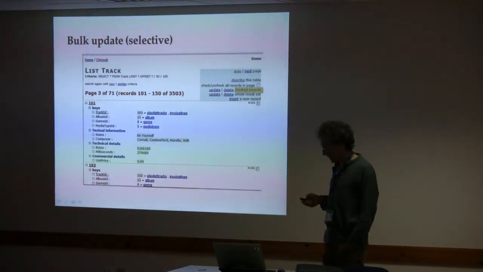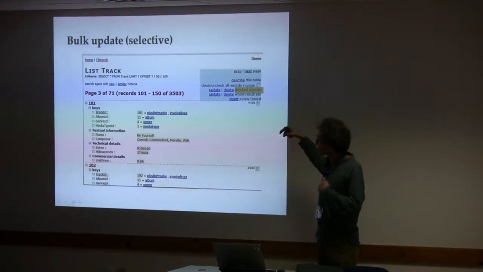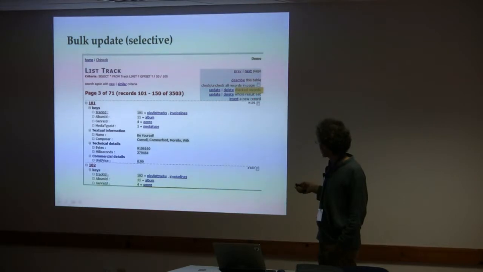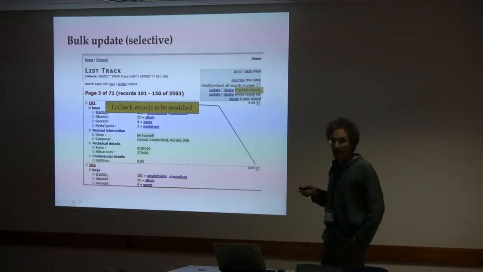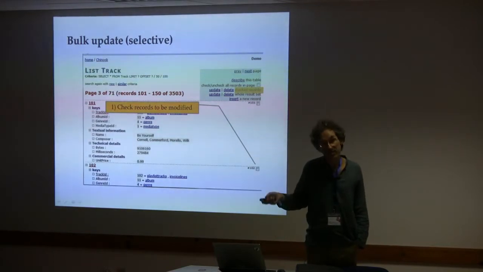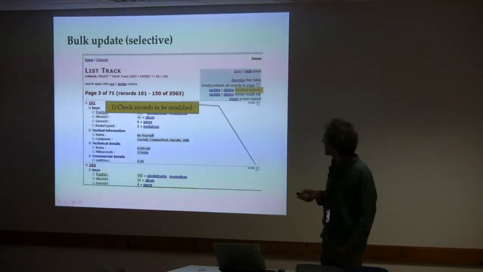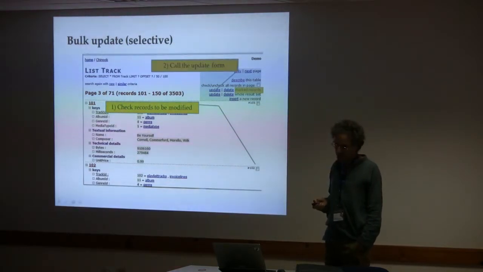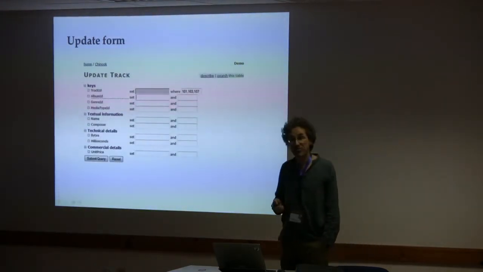So the idea is that in this page which is displayed, each record has a checkbox. And so you decide which ones you want to modify, maybe only one, maybe several. Then you click on the update link, and you get to the update form.